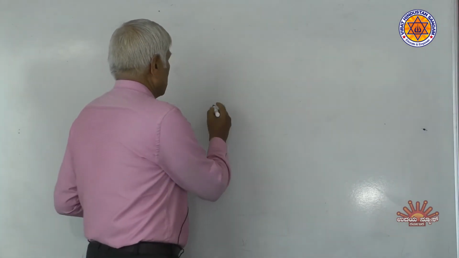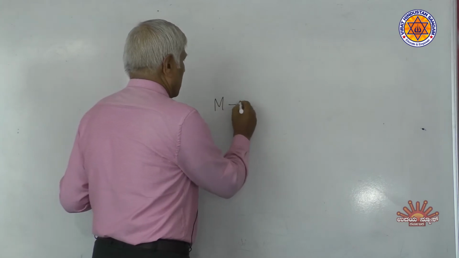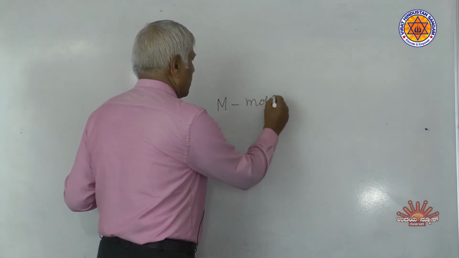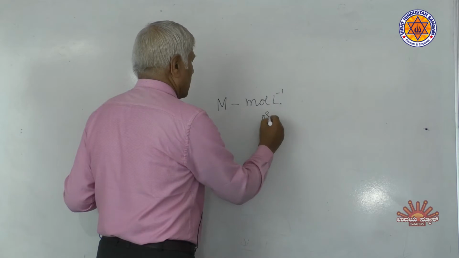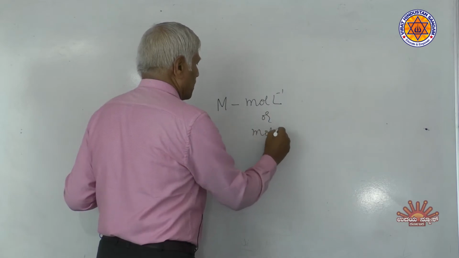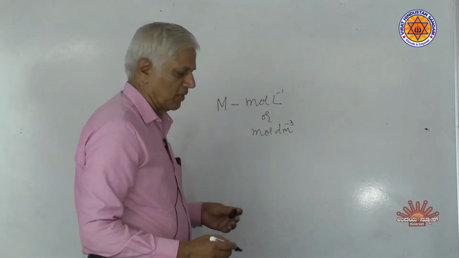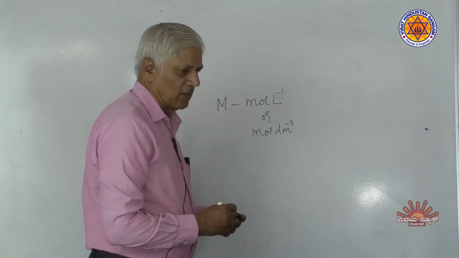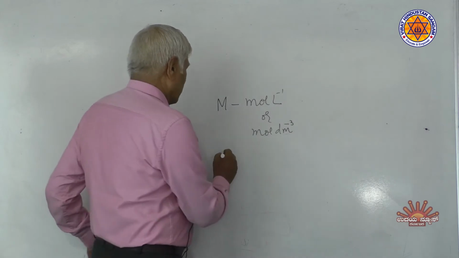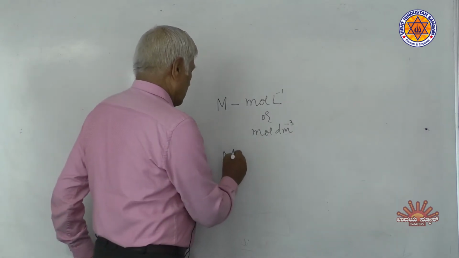Capital M stands for mole per liter, or it can be mole per dm cube. Both are same. Per liter, per dm cube. You remember your first PUC formula.